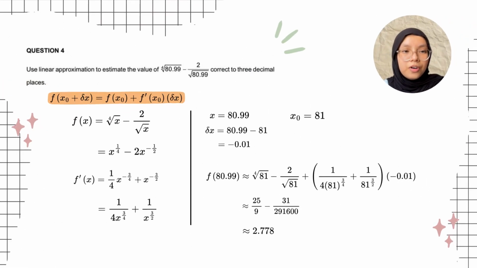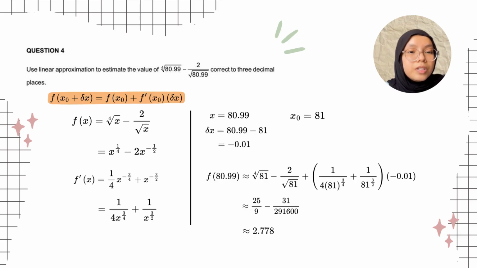For question 4, use linear approximation to estimate the value of fourth root of 80.99 minus 2 over square root of 80.99, correct to 3 decimal places. So here is the solution. We will use the formula for linear approximation, which is f(x naught plus delta x) equals f(x naught) plus the derivative of f at x naught times delta x.